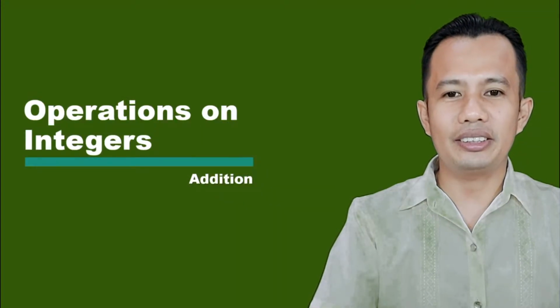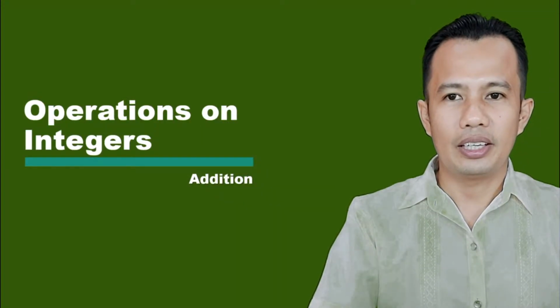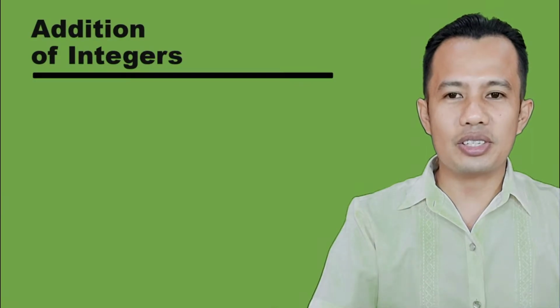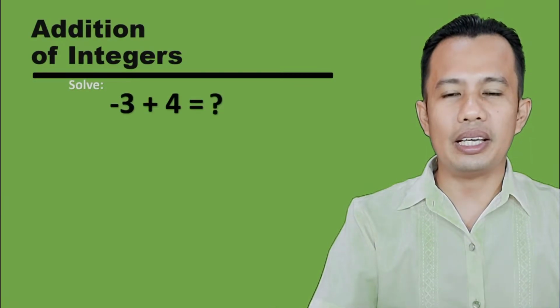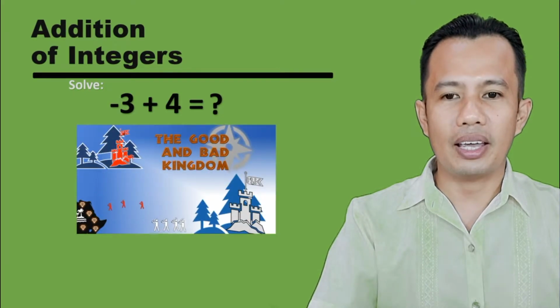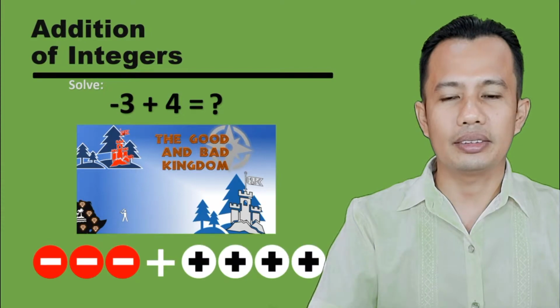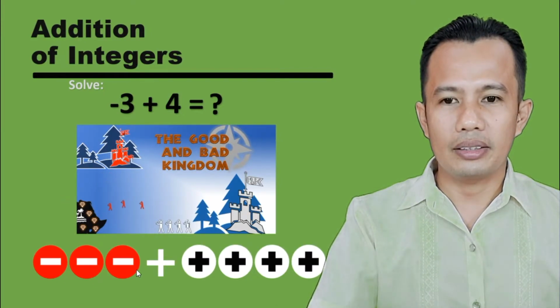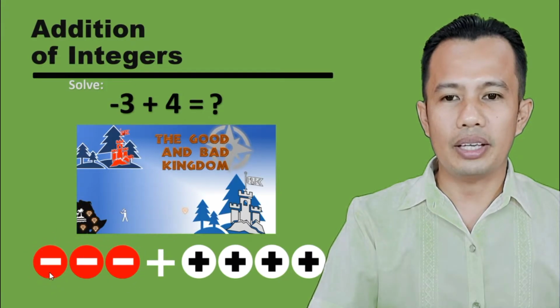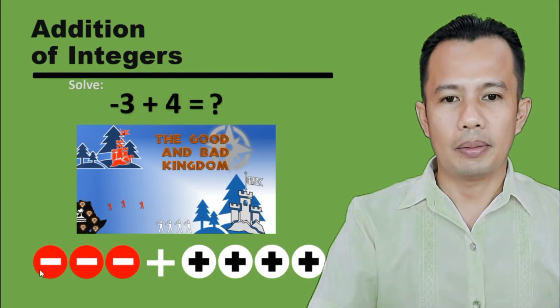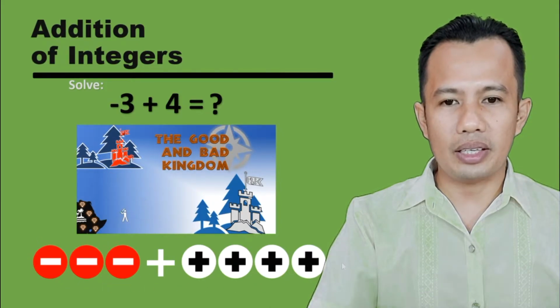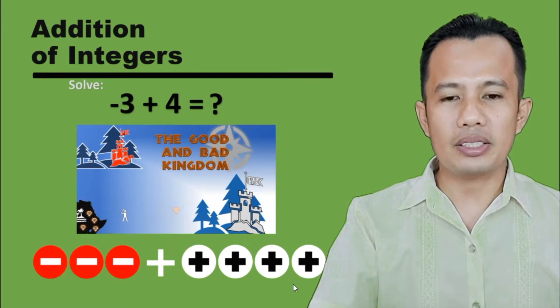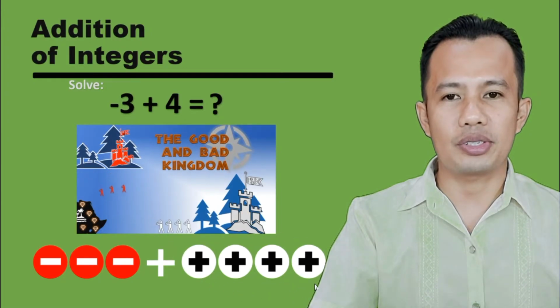Operations on integers: addition of integers. Let's try to solve negative 3 plus 4 using this video clip and this illustration. Negative 3 is represented by 3 red negative circles. 4 is represented by 4 positive white circles.